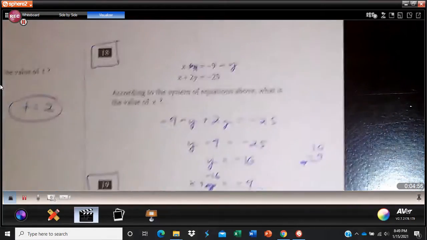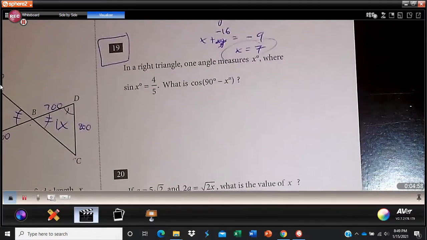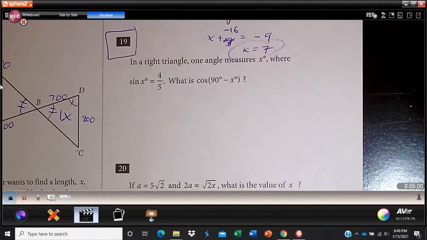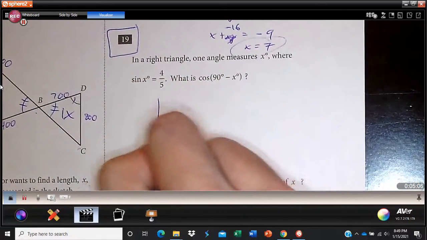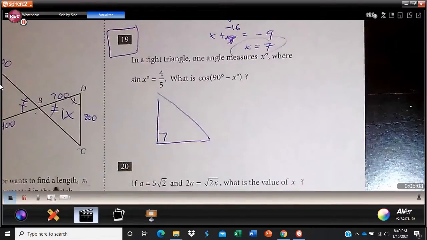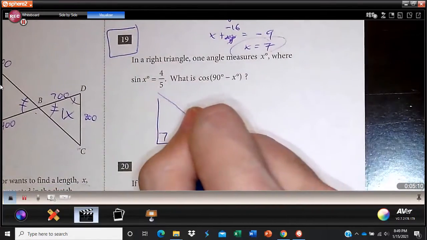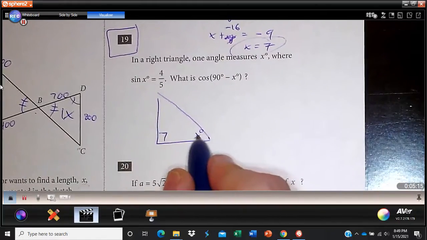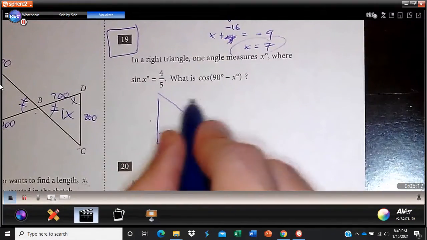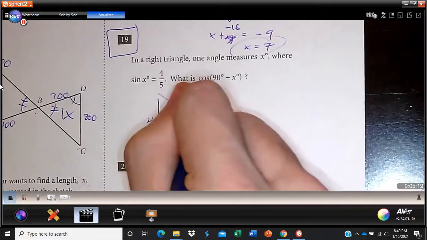Okay. And then 19, in a right triangle. Okay, so I don't really know how this is going to pan out, but I guess I can draw a right triangle. So in a right triangle, one angle measures x, where sine of x is 4/5. So this is 4, that's 5.